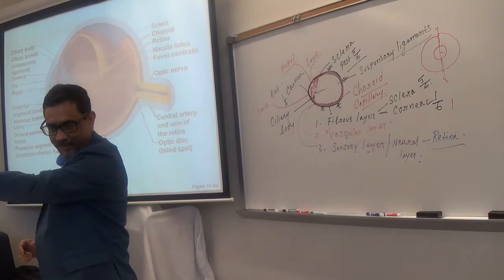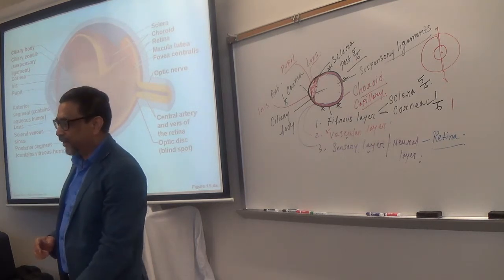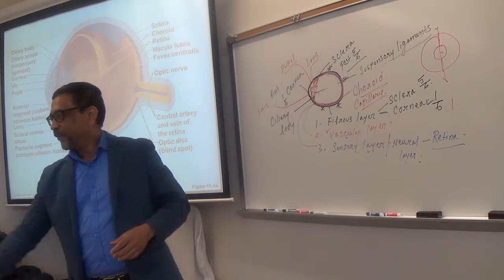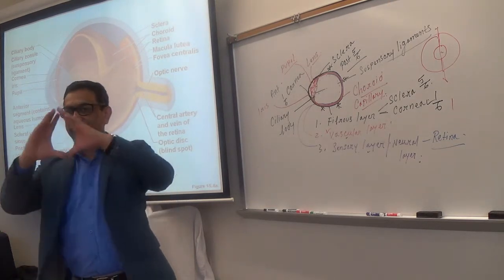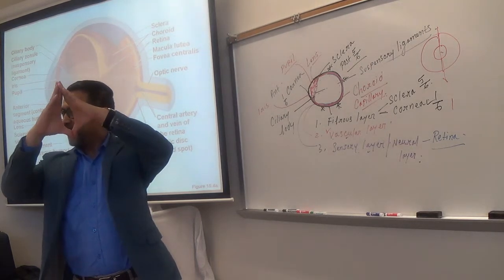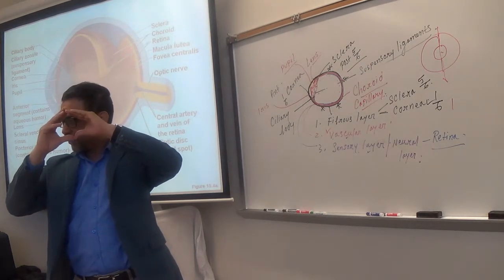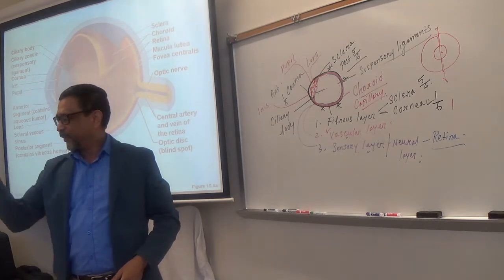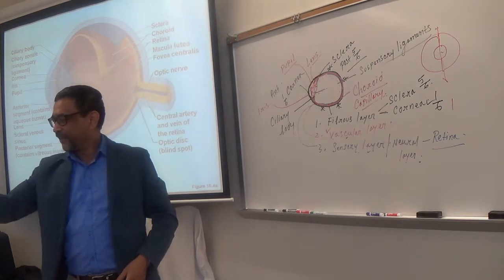As you move it further, it gets smaller. And your lens gets more flat. And when I bring it closer, the lens gets more what? Round. Away, flat. Closer, round. Make sense?